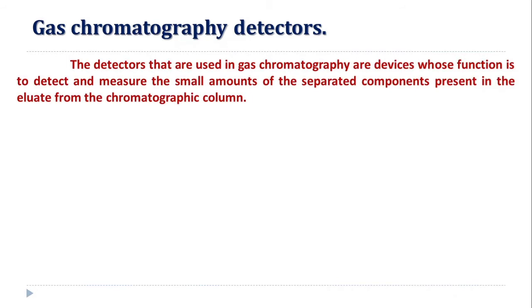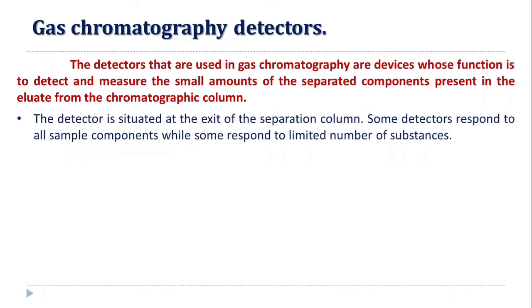Friends, the detectors that are used in gas chromatography are the devices whose function is to detect and measure the small amounts of separated components eluting from the chromatographic column. So these are the parts of the instrument which detect the small amounts of eluent coming from the column and measure the amount of the separated components.